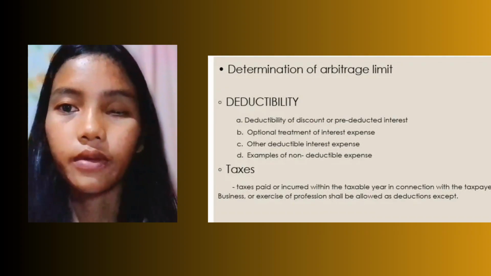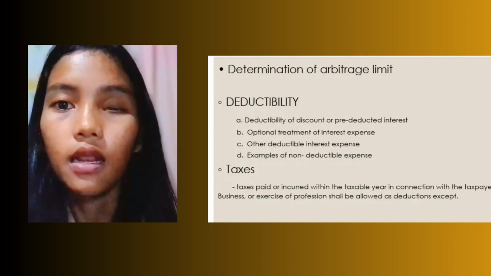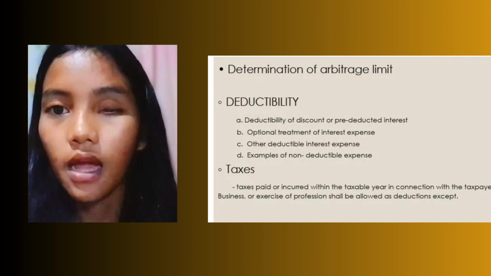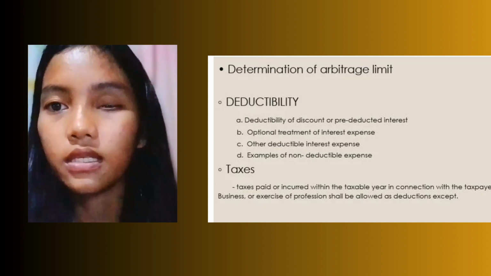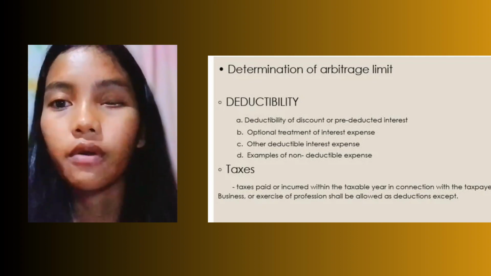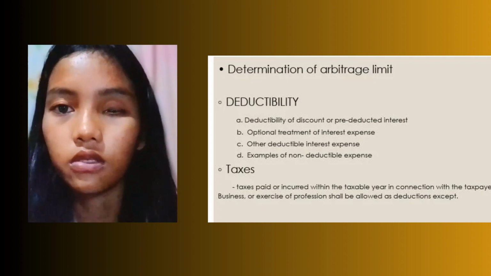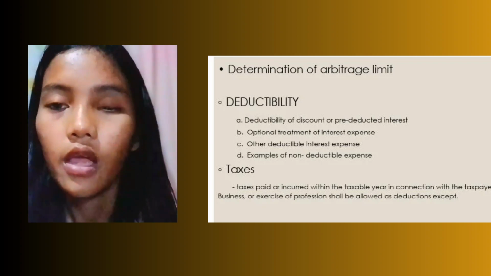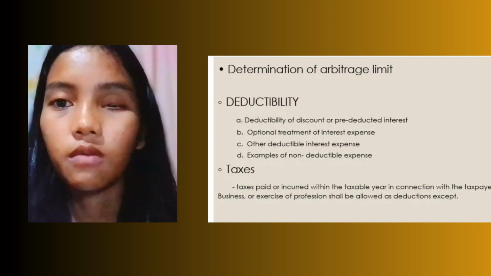Next is the determination of the arbitrage limit. To eliminate the arbitrage savings, a deduction cap was set, which was mathematically computed as the corporate income tax rate to the final tax on interest income. Next is deductibility.